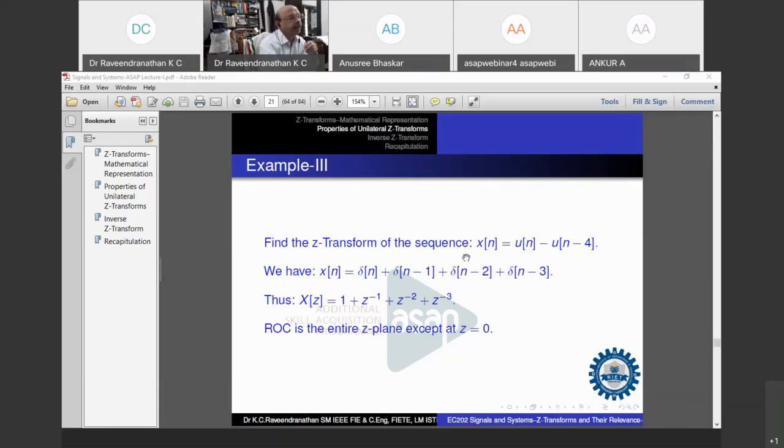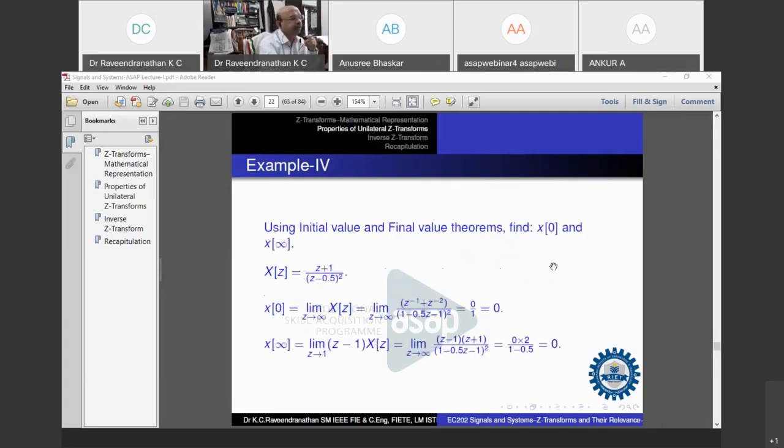So you can use either the initial method, or you can go by the fundamental definition of the transform, be it unilateral or bilateral. You apply the equation x of n into z raised to minus n, summed over either n running from minus infinity to plus infinity, or n running from 0 to infinity. So that's what certain types of questions are from that part, right?